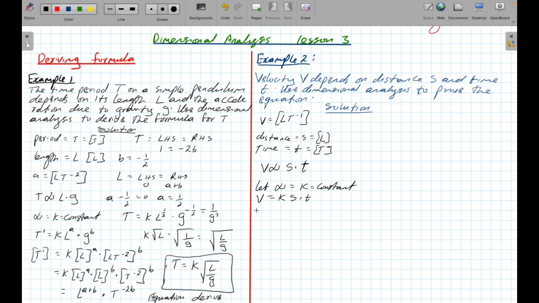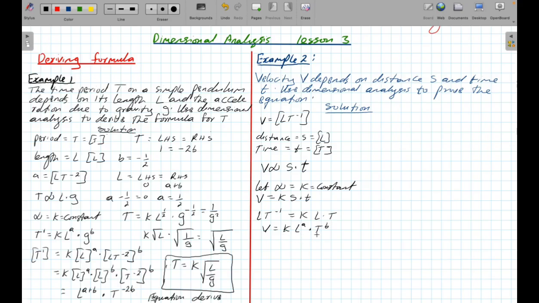Now, taking the dimension of the equation, recall that the dimension of velocity is L t raised to the power of minus 1, equal to k, L, and t. Now, considering the power of each parameter, our v can be expressed as k, L raised to the power of a multiplied by t raised to the power of b.